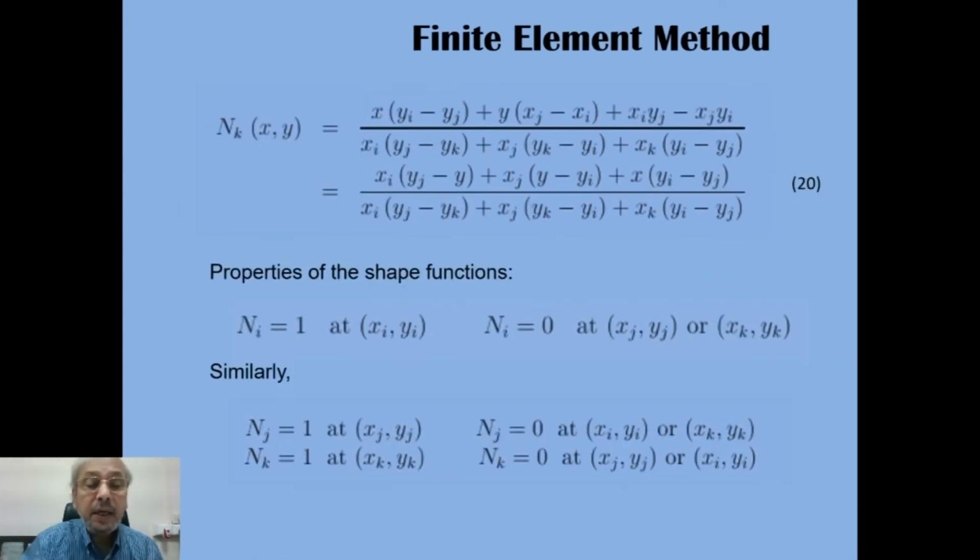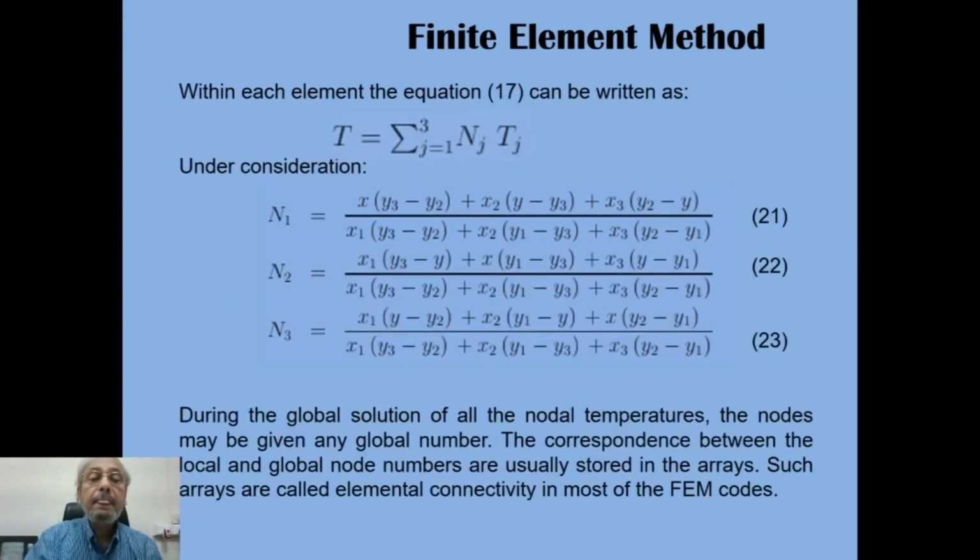Similarly, Nj will be 1 at point j, and 0 at other points. Nk will be 1 at the coordinate xk, yk, that means at point k, but at points j and i it will be 0. So this is exactly the way the shape functions or basis functions have to behave. We get that behavior here.